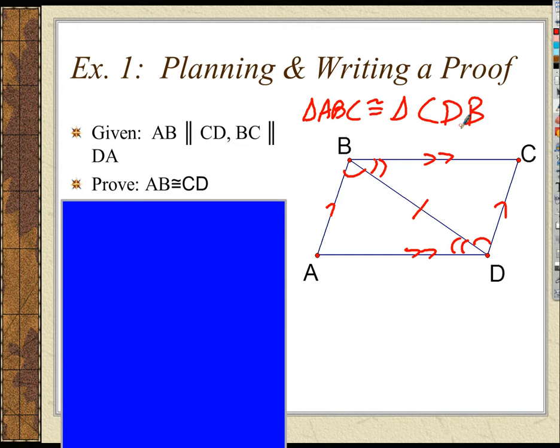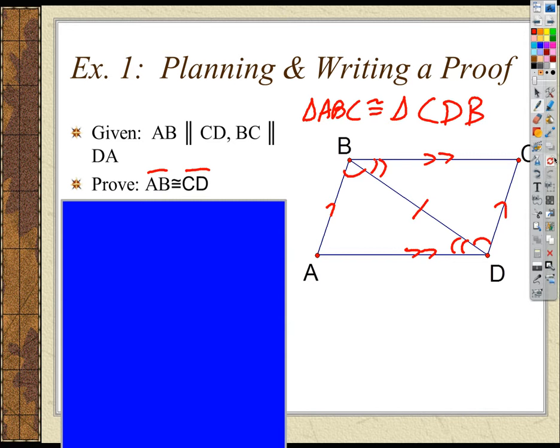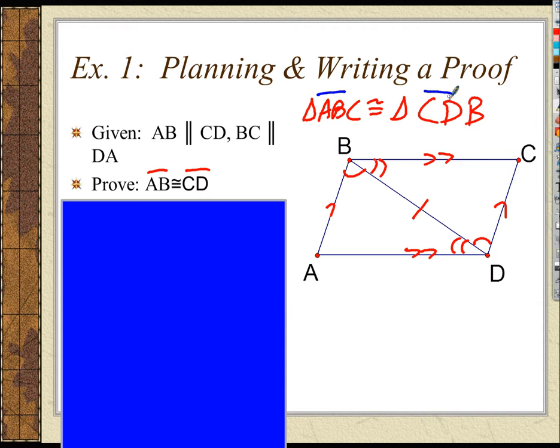Okay. So now prove that side AB is congruent to side CD. Easy. Look, AB and CD are corresponding sides of the two triangles. So by CPCTC, they're congruent. Right?